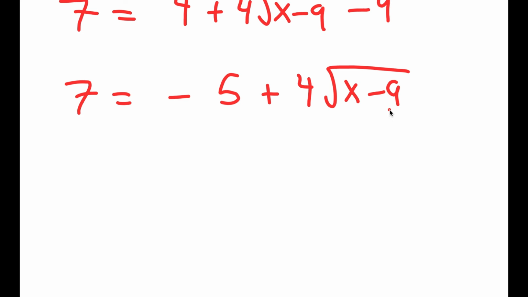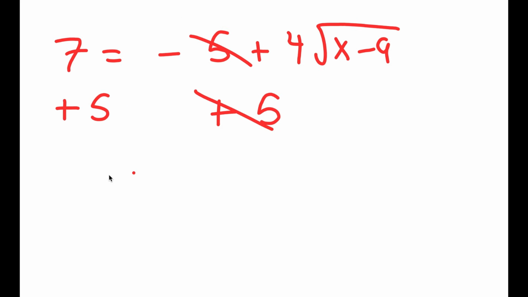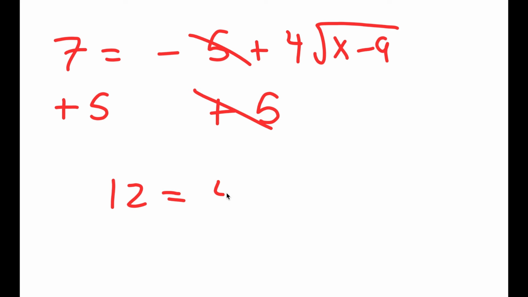And now, I'm going to add 5 on both sides. So these two cancel out, and I get 12 is equal to 4 root x minus 9.